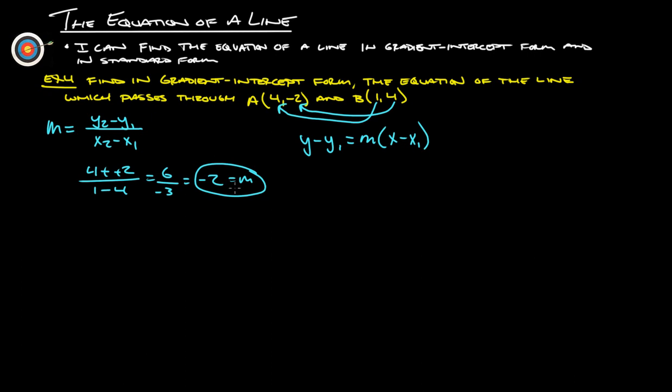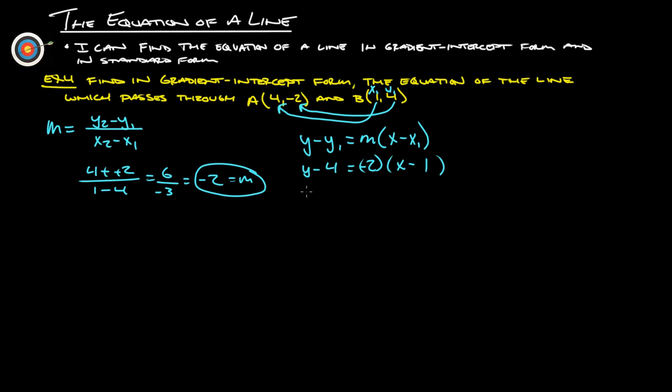We know that m is -2, and then we have x minus and y minus. Now we just need to pick one of these two points. I'm going to choose this one; it just looks a little nicer. It doesn't matter, either one will give you the same answer. I'll call this x1 and y1. So y minus 4, and x minus 1.